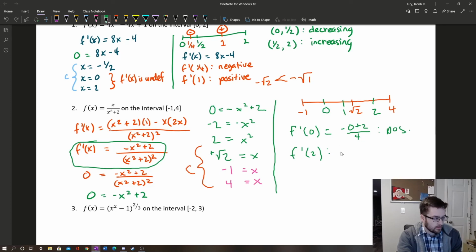And so we'll do negative 4 plus 2 over 4 plus 2 squared. Now, I'm not going to actually multiply this out. It would be pretty easy to do that, but I can see that the numerator is going to be negative and my denominator is going to be positive, so this is going to be negative.